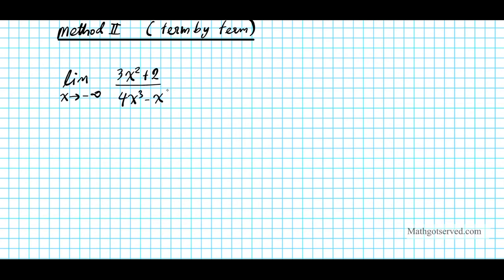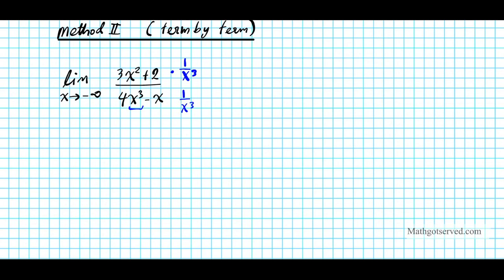All right, so we need to first of all multiply the numerator and the denominator by the variable with the highest degree in the denominator, which is x to the third, as you can see here. So I'm going to divide both the top and bottom by x to the third, or to make it easy, I'm going to multiply by the reciprocal of that, so multiply by 1 over x to the third in the numerator, and also in the denominator 1 over x to the third.